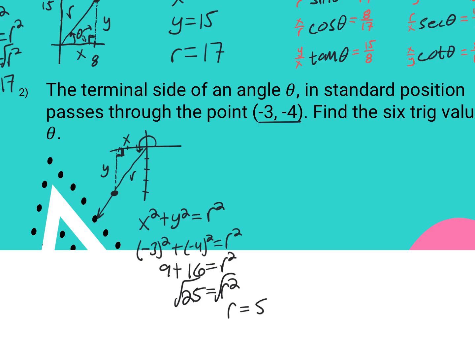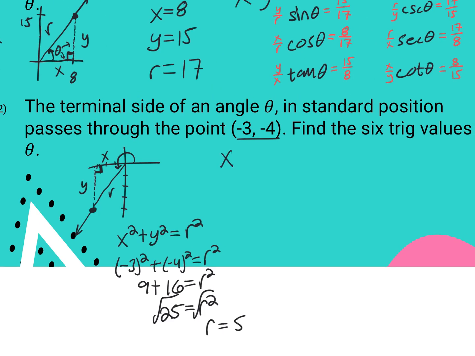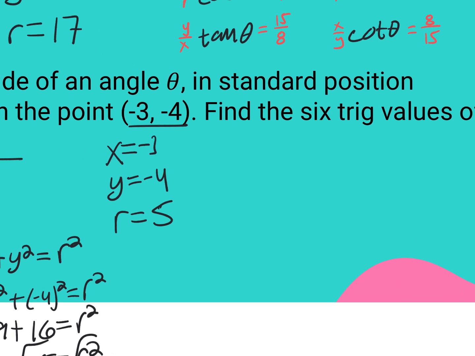All right, so then let's label everything. We have x is -3, y is -4, and r is 5. So then let's find our 6 trig values. Sine is y over r, so that means this is going to be -4 over 5.